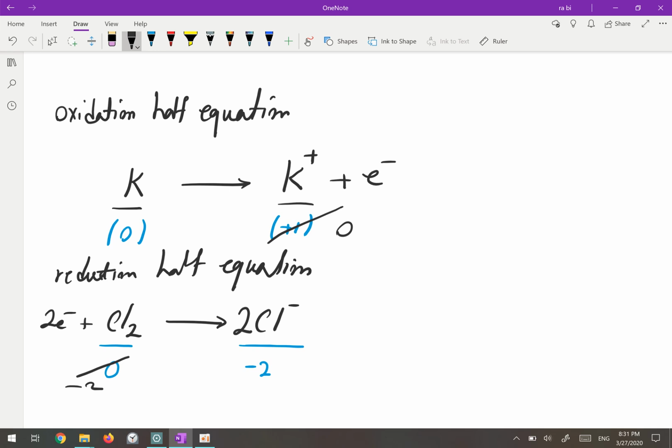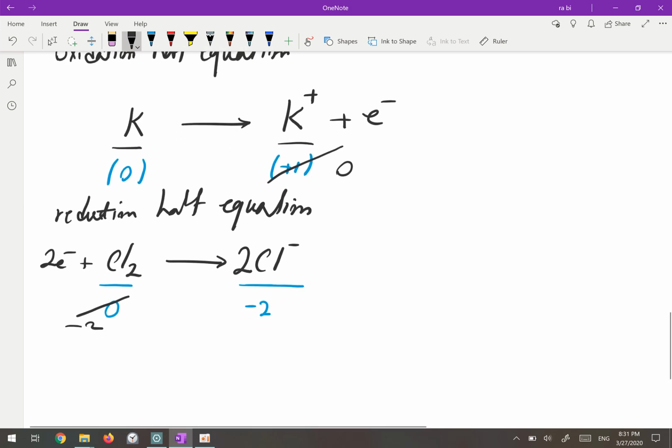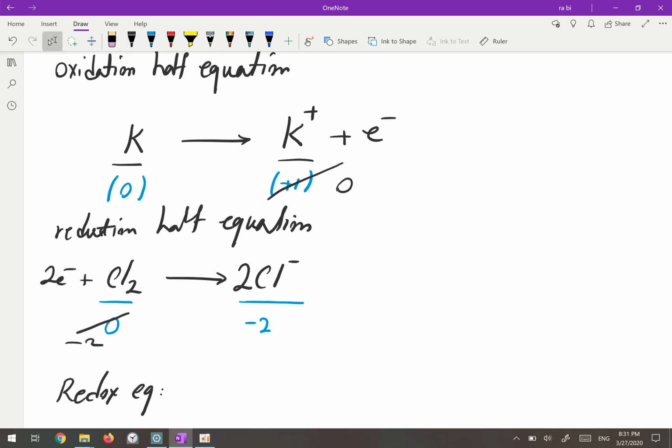Okay, the question asks for the balanced half equations. But if you want to write the balanced redox equation, it contains both of them, the oxidation half equation and the reduction half equation. So I have to add these two half equations to make a redox equation. But I can add them only if the number of electrons is the same.